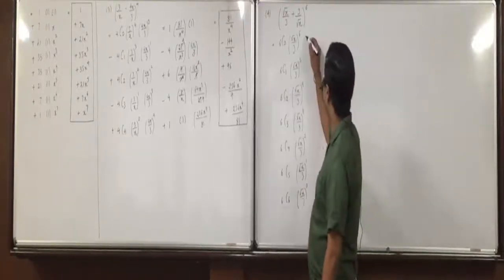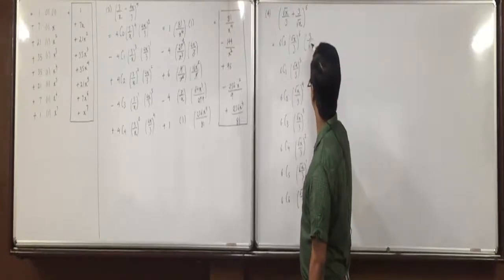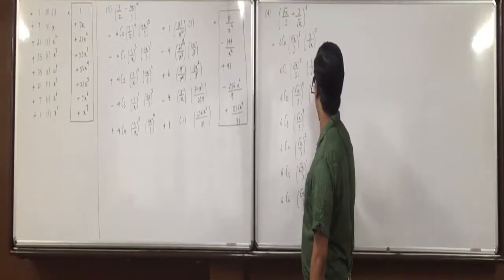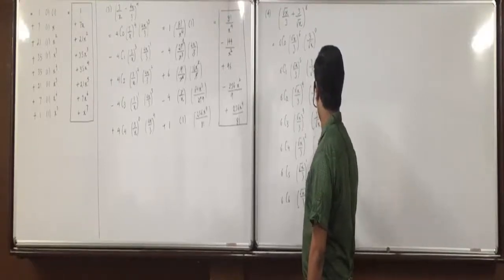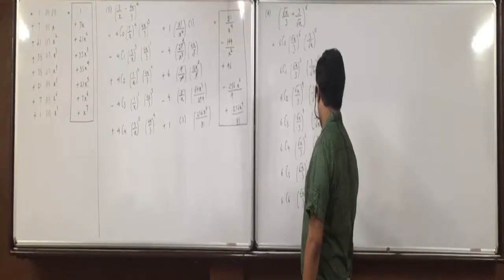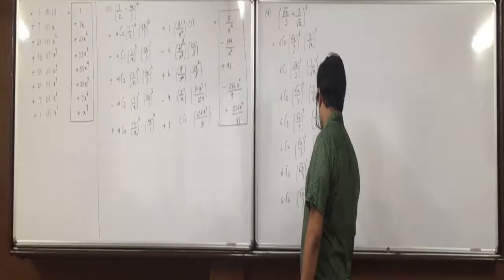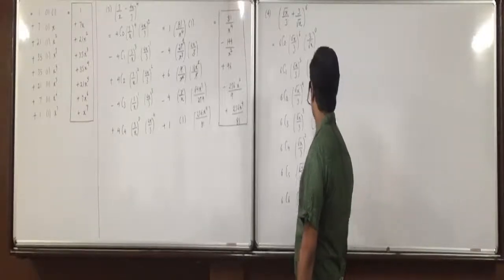And the last one, 3 upon root x raised to 0, then 1, then 2, then 3, then 4, then 5, and last will be 3 upon root x raised to 6.